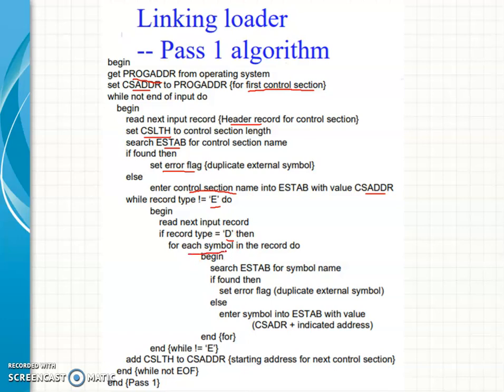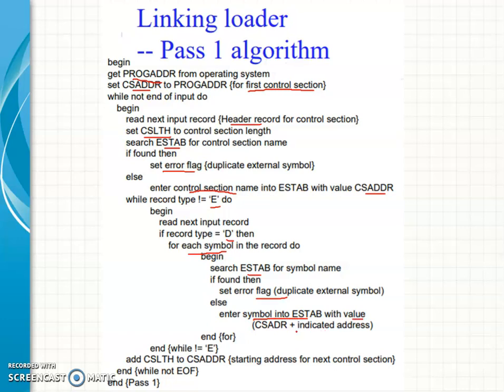For each symbol in the record, it searches the STAB for the symbol name. If it is found in the symbol table, then it indicates an error. It sets an error flag which indicates the duplicate external symbol.